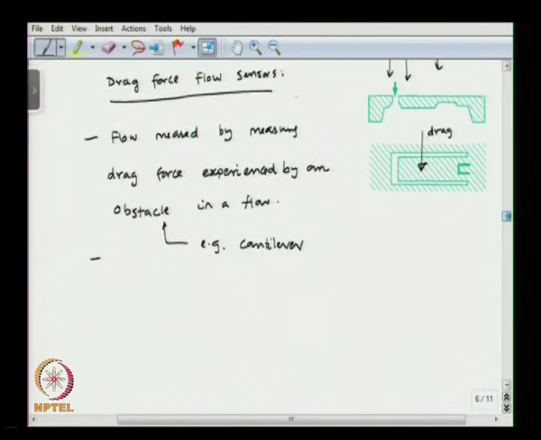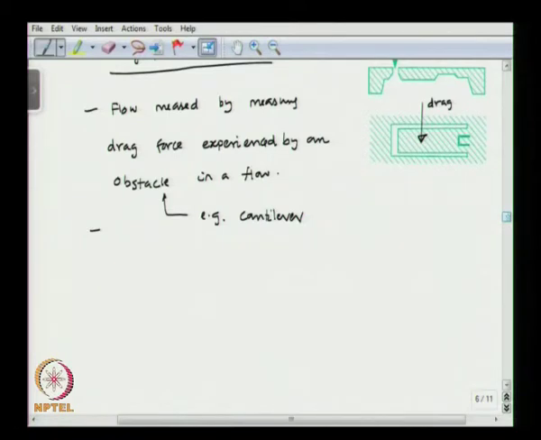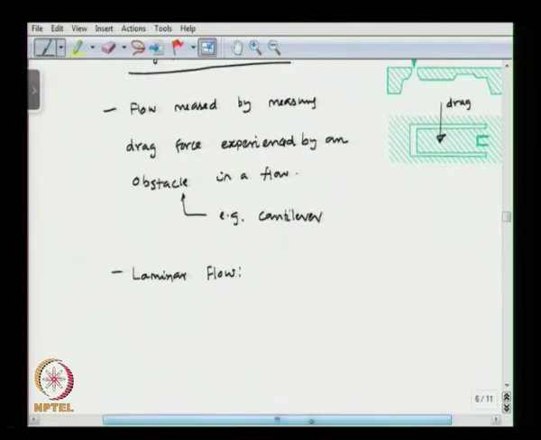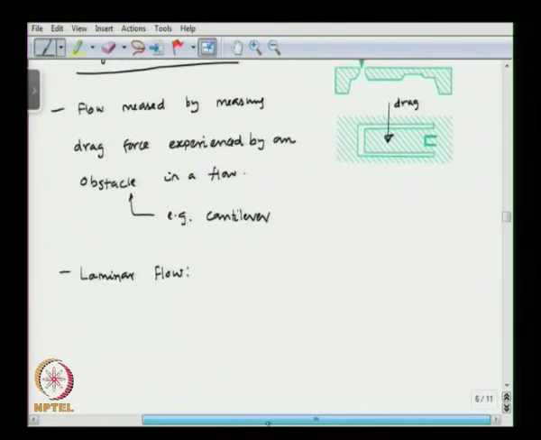Now, if you assume laminar flow, which is often the case in a microchannel, then the drag force will be experienced along the direction of the flow.